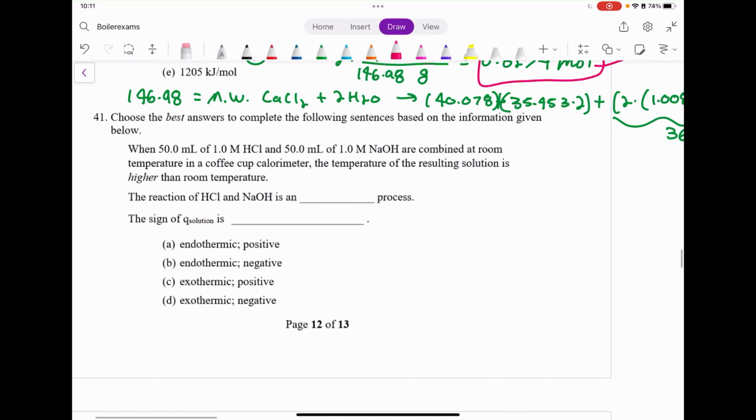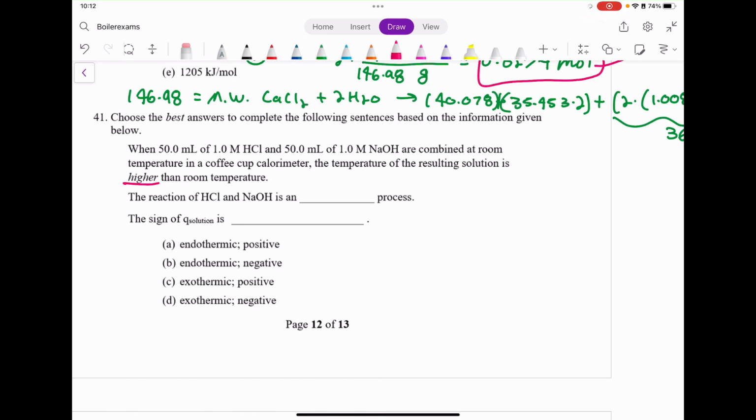41. Choose the best answers to complete the following sentences based on the information given. When 50 milliliters of hydrochloric acid and 50 milliliters of 1 molar sodium hydroxide are combined at room temp in a coffee cup calorimeter, the temperature of the resulting solution is higher than at room temp. The first one is asking, is it exothermic or endothermic?